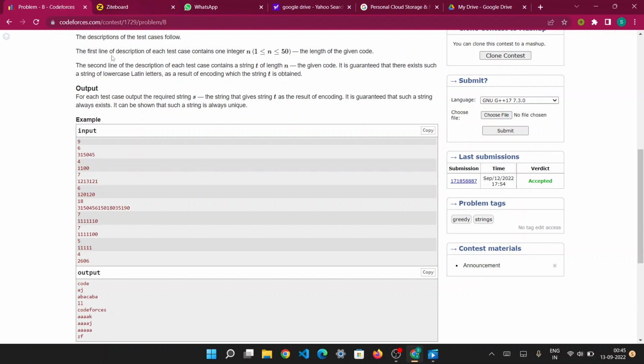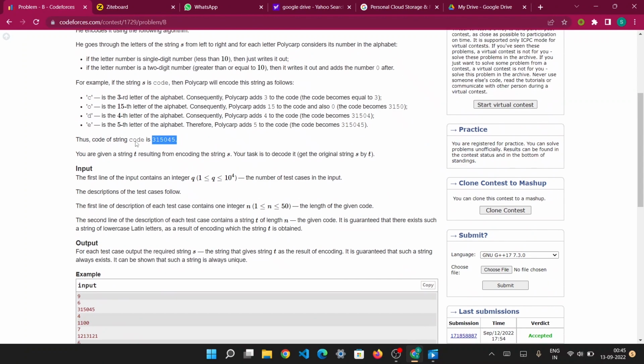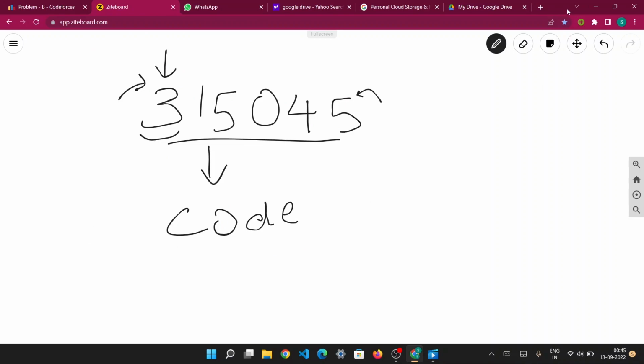So now these are the sample test cases. So now let us look at the problem. Given the encoded string, we could start looking at the string from either the left or the right.